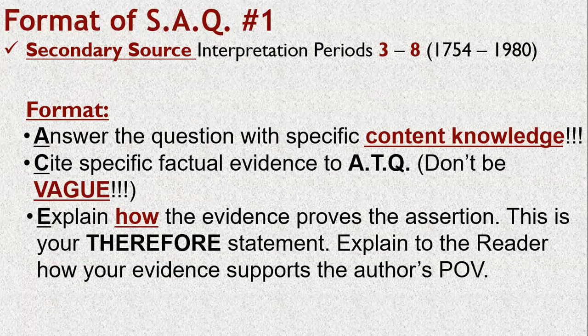Then the payoff pitch, the third sentence in your answer for B and C, is you're going to explain how that evidence proves the assertion. Okay, use your therefore. So you start off with a therefore statement. Therefore, this is how this piece of outside evidence helps to support the first author's point of view. And please name the author. Okay, put the author's name into your answer so the reader knows which author you are actually signifying.